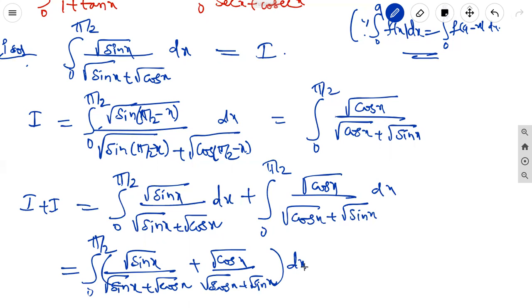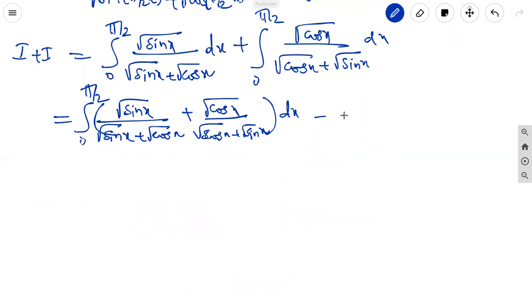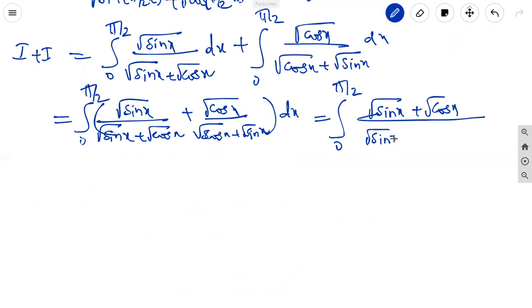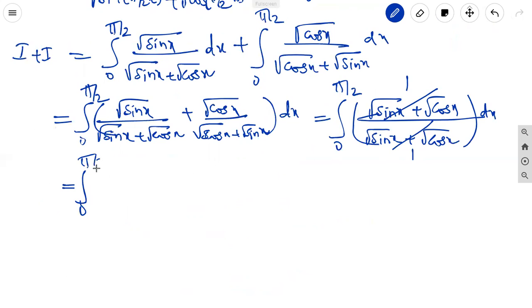Then take the LCM. It is integral 0 to pi by 2 root sin x plus root cos x over root sin x plus root cos x, whole dx. The denominator terms are same, so these two same terms will get cancelled. Integral 0 to pi by 2 dx is equal to x with limits from 0 to pi by 2.